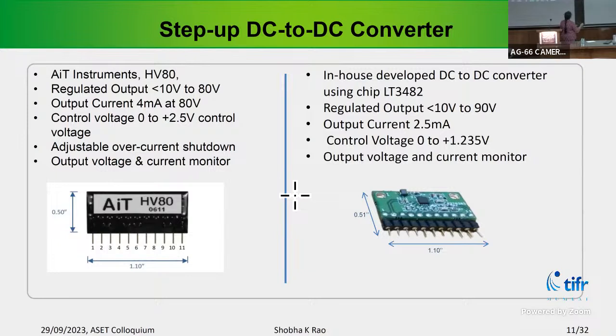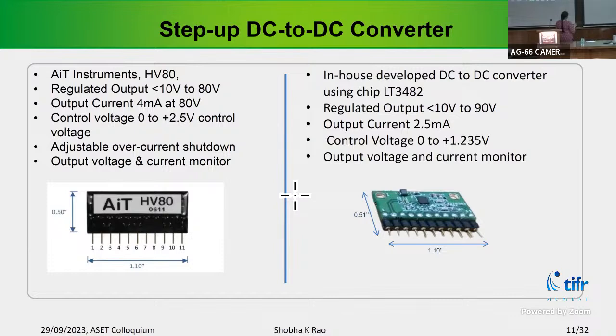So DC-DC converters we have used, and this is a commercial converter whose range can be changed from 10 volts to 80 volts. SiPM bias requirements, depending upon the make, can range from 34 volts to, for some earlier ones, 80 volts.